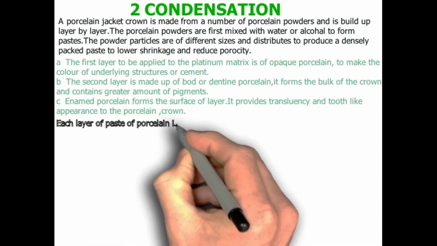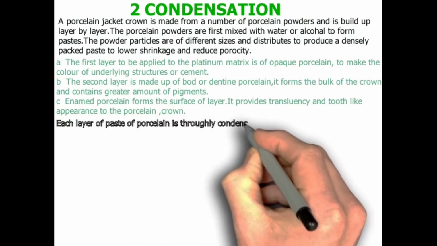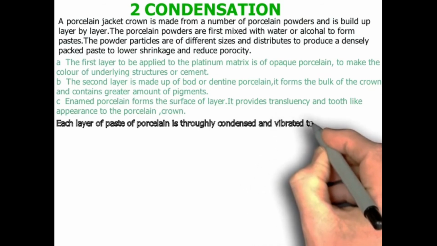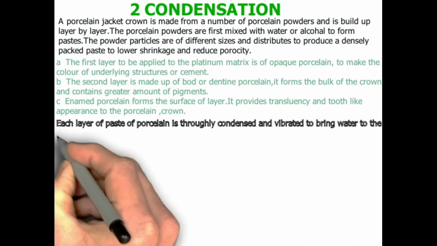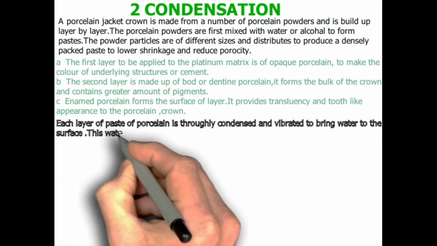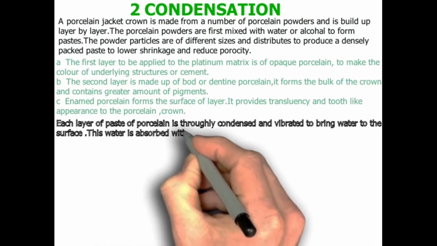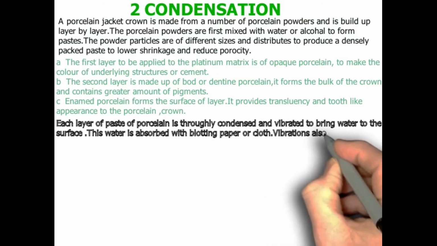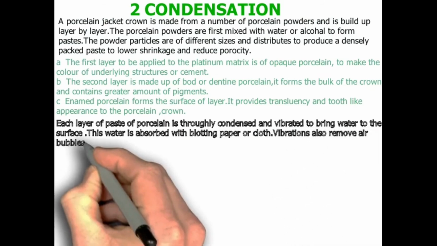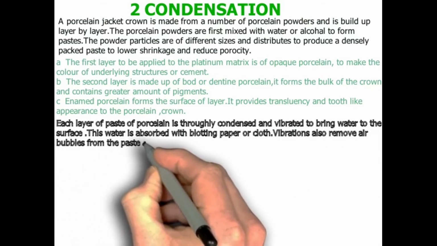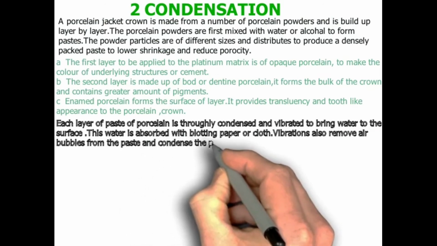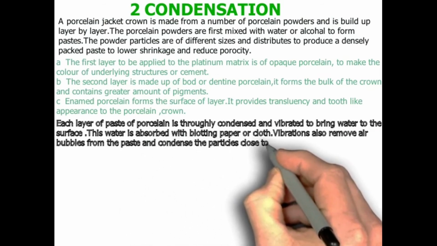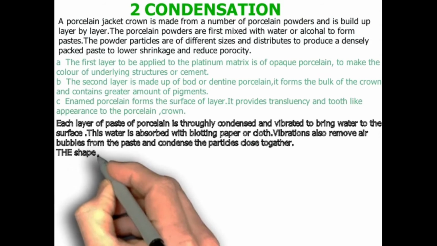Each layer of paste of porcelain is thoroughly condensed and vibrated to bring water to the surface. The water is absorbed with blotting paper or cloth. Vibration also removes air bubbles from the paste and condenses the particles close together.